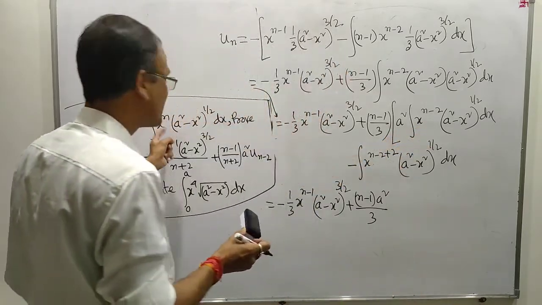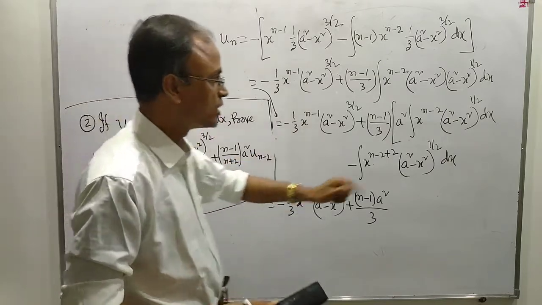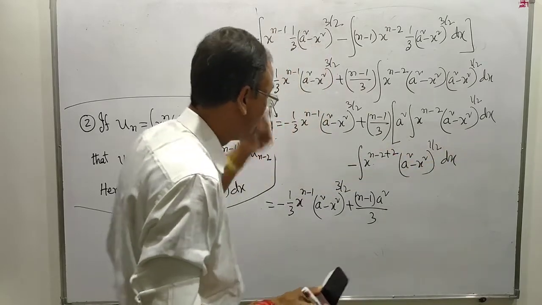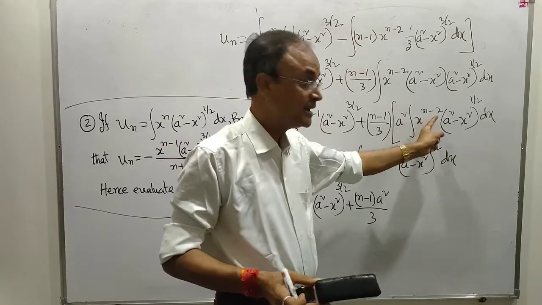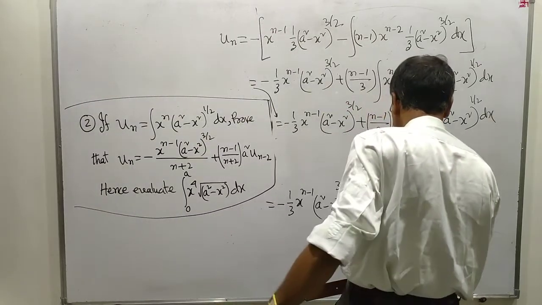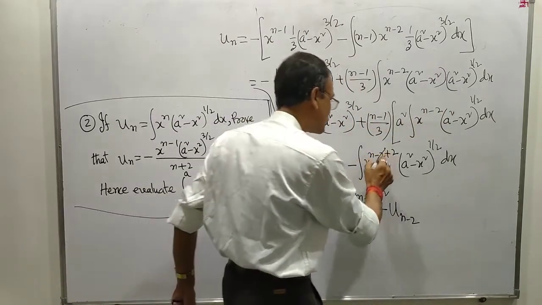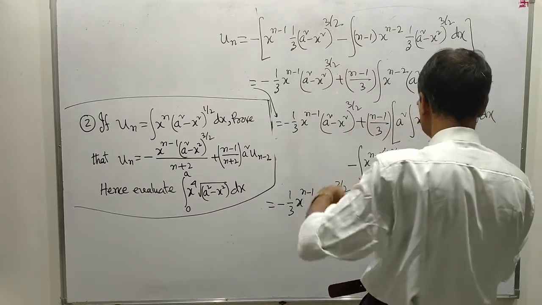It is nothing but un minus 2, the integral of (a square minus x square) whole to the power half. This term is already here. In place of n, it is n minus 2. If it is denoted by un, it will be denoted by un minus 2. This plus 2 minus 2 cancel. Minus (n minus 1) by 3.